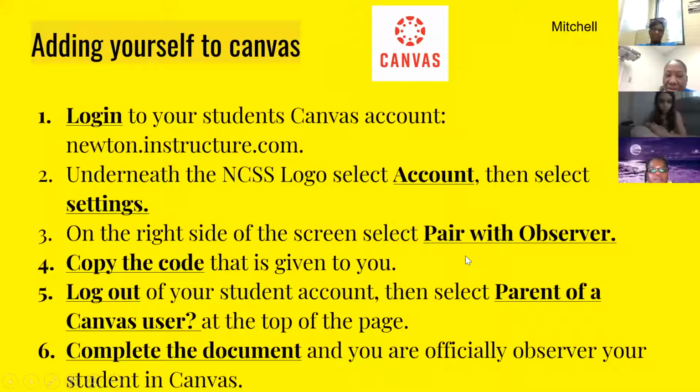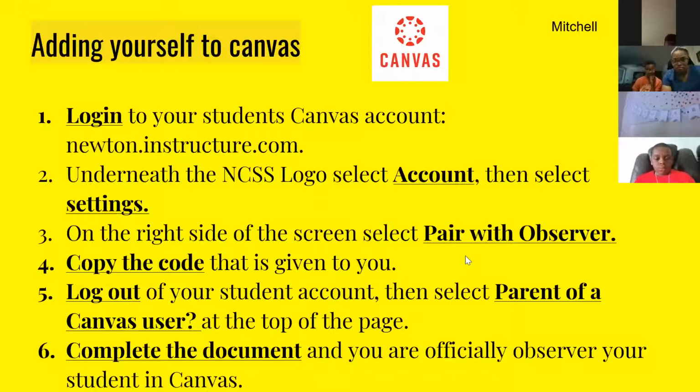Okay. Adding yourself to Canvas, number 1, log into your student's Canvas account, which is newton.instructure.com. Number 2, underneath the NCSS logo, select Account, then select Settings. Number 3, on the right side of the screen, select Pair with Observer. Number 4, copy the code that is given to you.